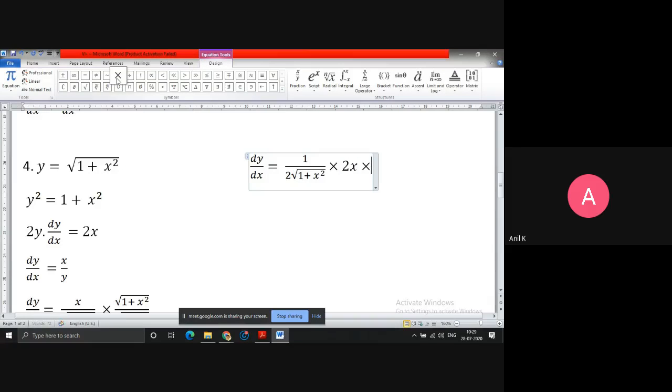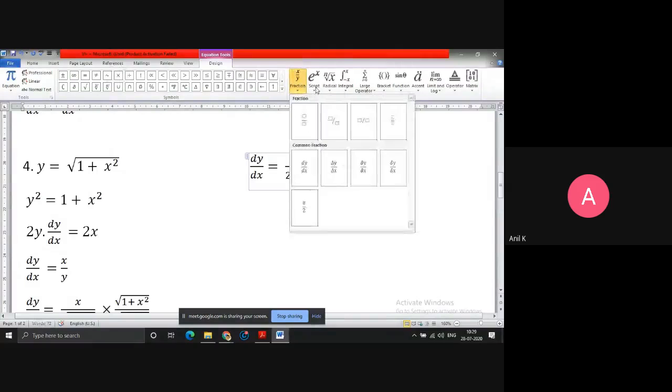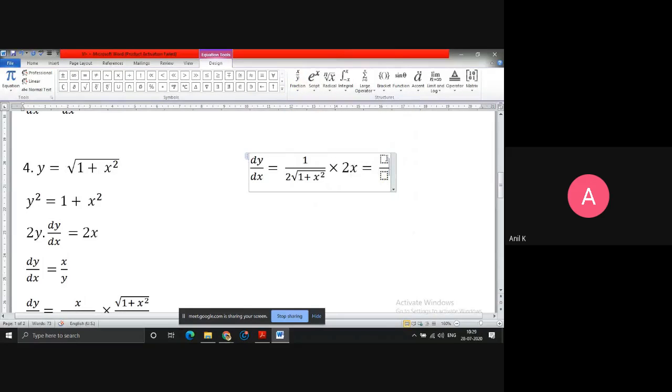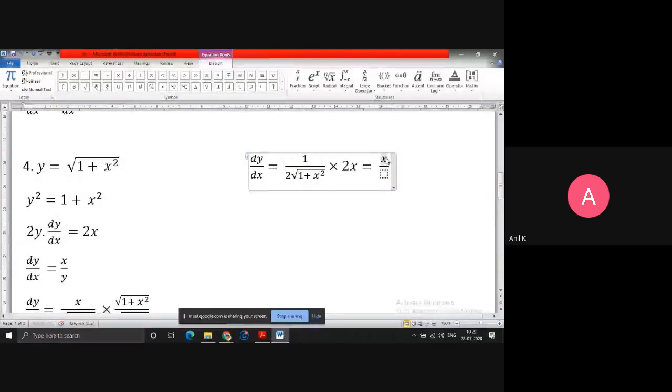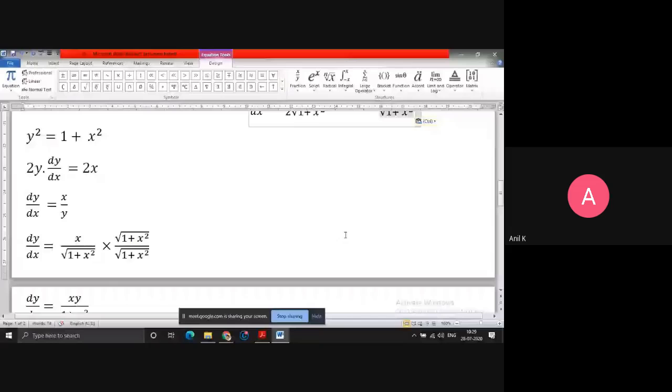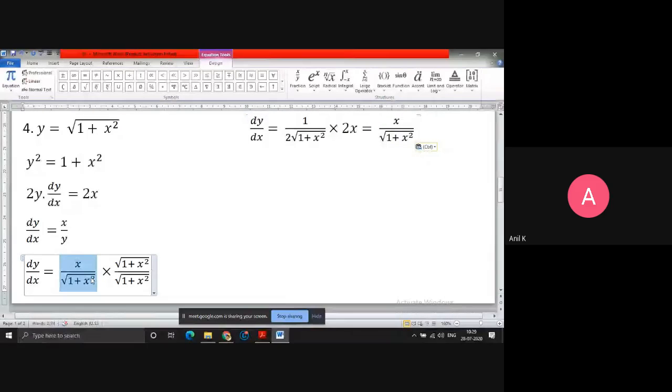I think this way also you are getting. That's fine. So next step, what you get here is 2 will get cancelled. I have x upon under root 1 plus x squared. I think this way also you are getting. That's fine. You can rationalize it now. I think the same step I reach here, x upon under root 1 plus x squared.